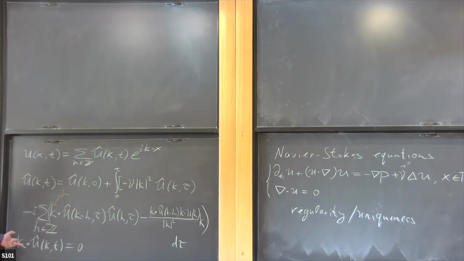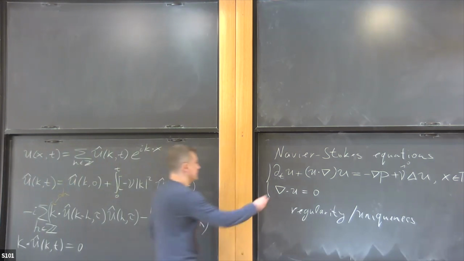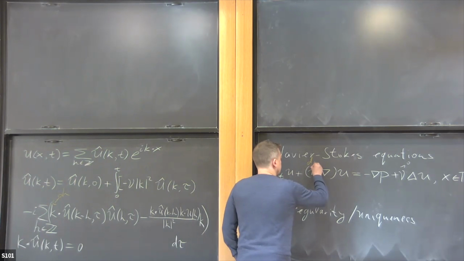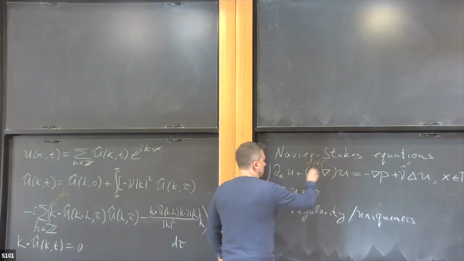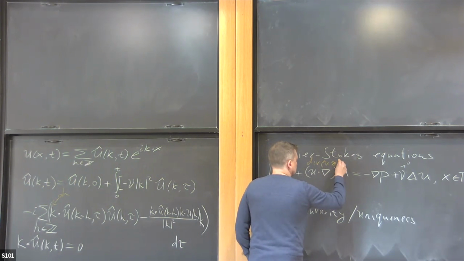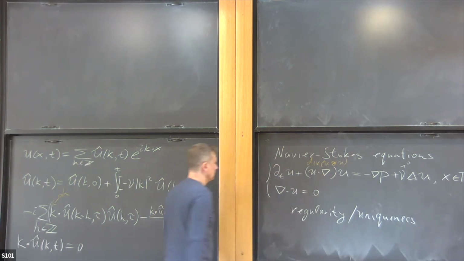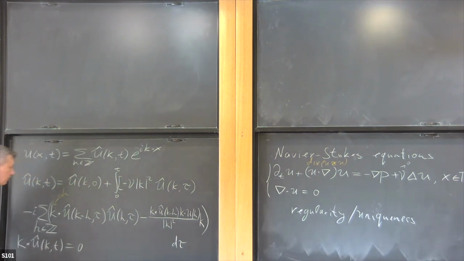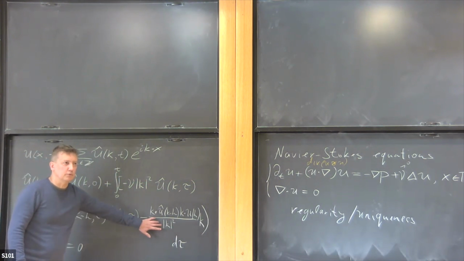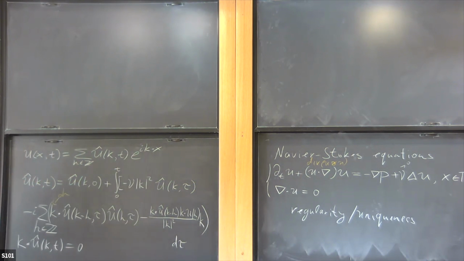Because u_k dotted with k is 0. So when you write it as k dot u_k, you basically think about the divergence form of the nonlinear term. Divergence of u times u, okay, it's the same thing because of the divergence condition. And this is just the projection on the divergence-free vector fields, right? So we call it the Leray projection.